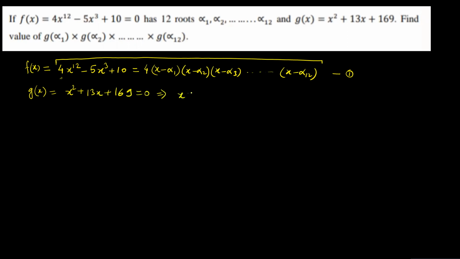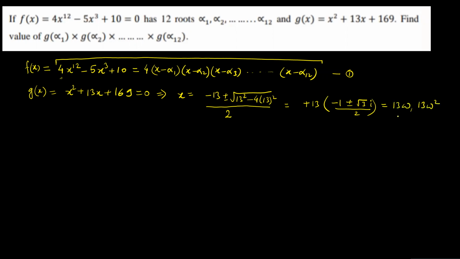We'll have x = (-13 ± sqrt(13^2 - 4 times 13^2, since 169 is 13^2)) / 2. So if you take 13 common here, you'll get (-1 ± root 3 i)/2, which is omega and omega square. So we can see that 13 omega and 13 omega square are the roots of g(x), right?